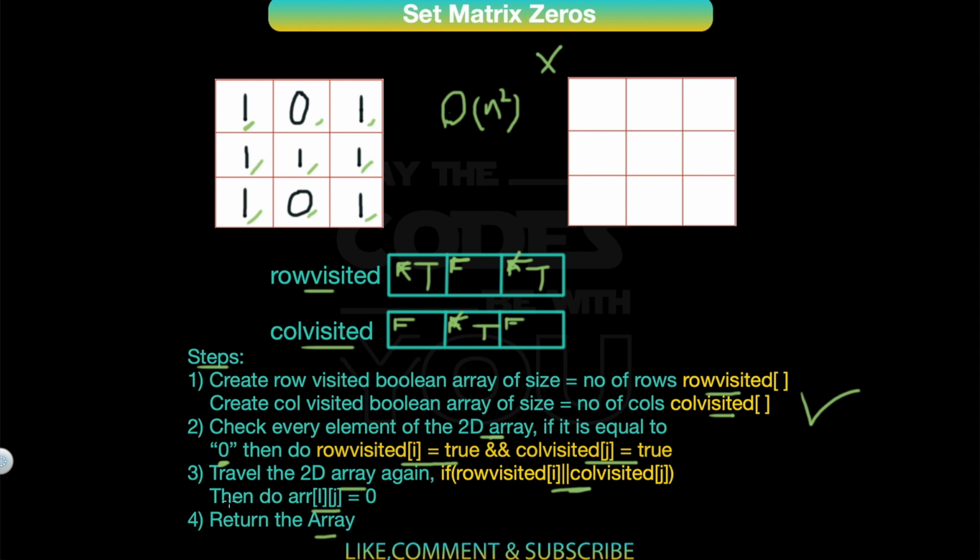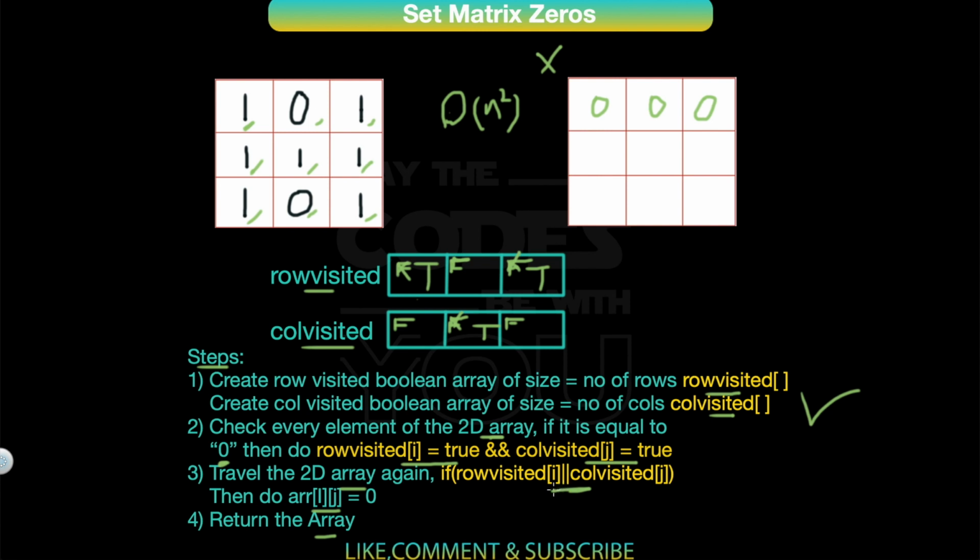So let's do the third step. We'll traverse the 2D array again. If the row visited is true or column visited is true, then we'll set array[i][j] equal to 0. So at this 0 all of them are true, so it is 0, 0 and 0. Similarly for this and this, and now we'll come here.